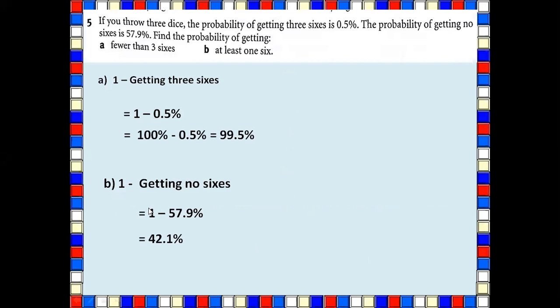They ask you in part B, at least 1 six, having at least 1 six. That means I might have 1 six or 2 sixes or 3 sixes, right? Because we're throwing the dice 3 times. Having at least 1 six means I need to get 1 six. The opposite of getting 1 six or 2 sixes or 3 sixes is getting no sixes at all, right?